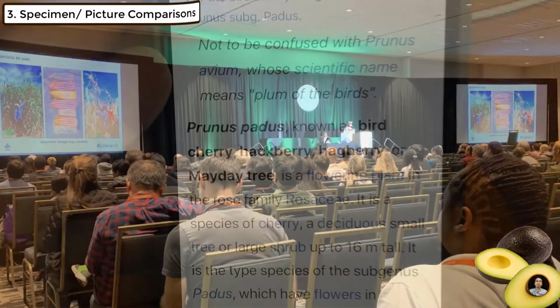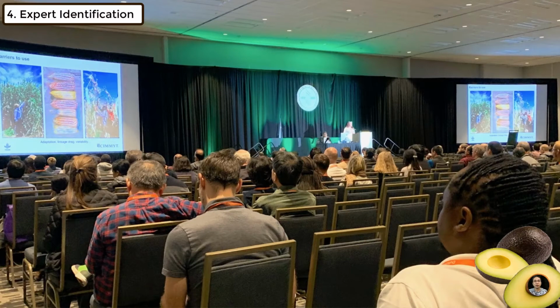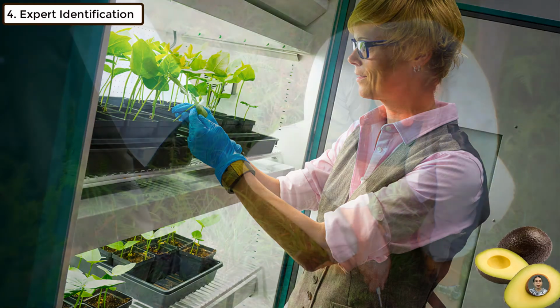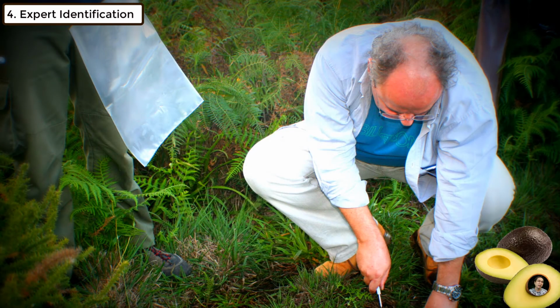And lastly, there are experts who can identify your specimens. However, take note that experts will still rely on the known protocols of plant identification. They can't do the identification instantly, most of the time, especially for plants that you suspect to be a new species. And you also need to send them your specimen, so it takes time. You wait until they can allocate their precious time in helping you identify it.